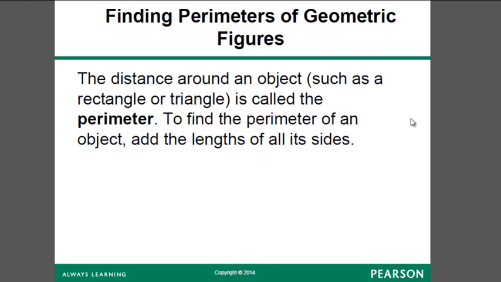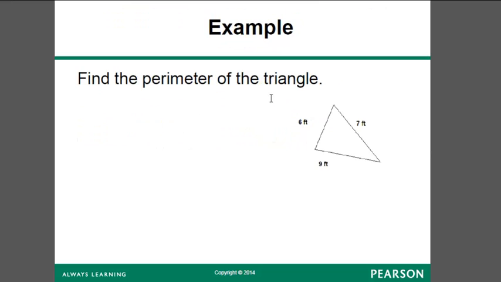Another thing that we do is we need to find the perimeters of geometric figures. The perimeter is the distance around the object, a triangle, a rectangle. This is called the perimeter. To find the perimeter of the object, we just add all the lengths of all its sides. So for example, find the perimeter of the triangle.